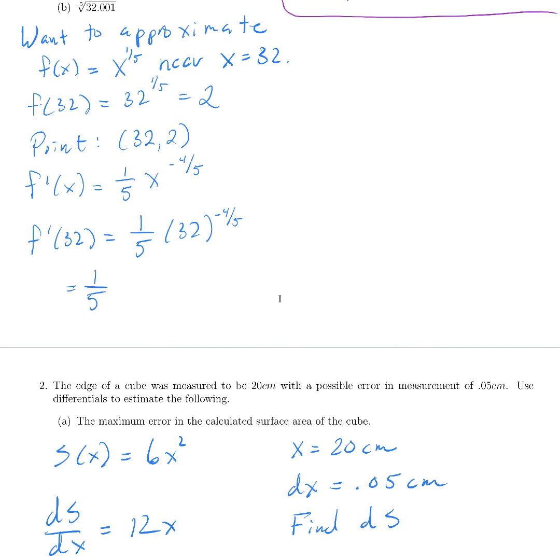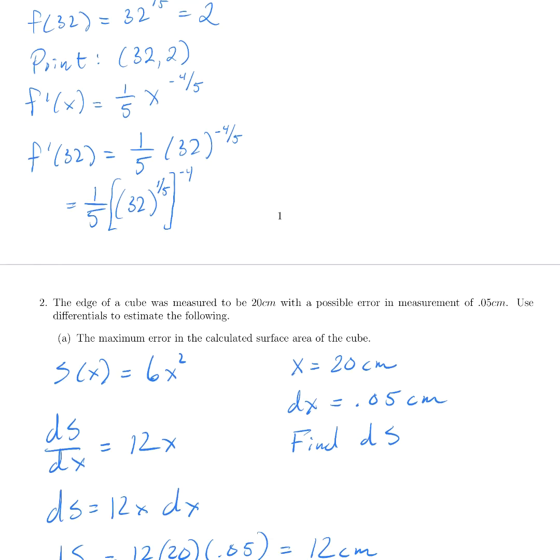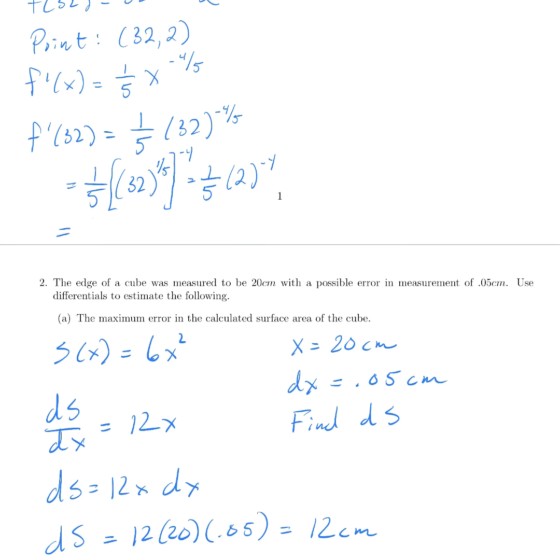That's 1/5 times 32 to the 1/5 raised to the negative 4th. 32 to the 1/5 is 2. So this is 1/5 times 2 to the negative 4th. 2 to the negative 4th is 1 over 2 to the 4th. So 1/5 times 1 over 2 to the 4th. 2 to the 4th is 16. 16 times 5 is 50 plus 30. So this is 1/80th.